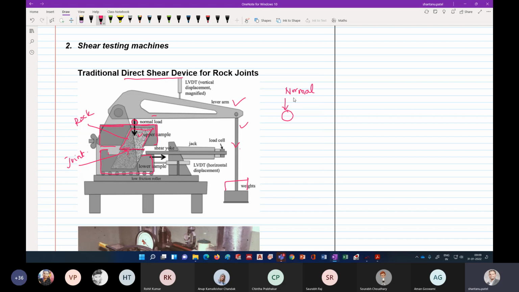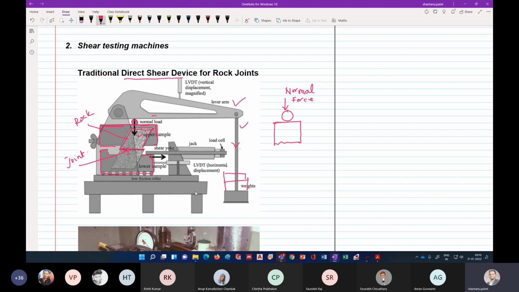Normal force or normal reaction, right? This goes to the top part of the block. Let's say this is our block and this is our top part. So we are providing some load. If you increase this load more and more, you can change the normal force on this joint specimen.